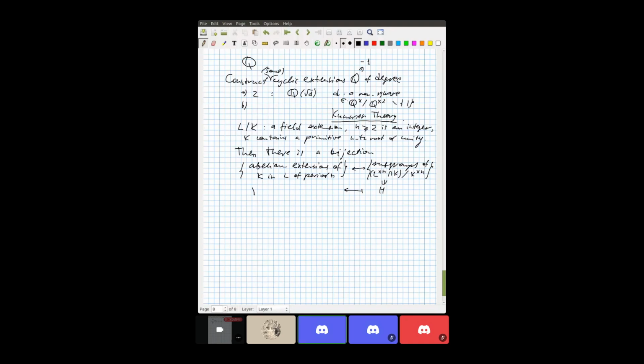You just adjoin to K all nth roots of elements of H. That is, an element in L^n intersected with K, such that its class modulo nth powers of elements of K belongs to H.